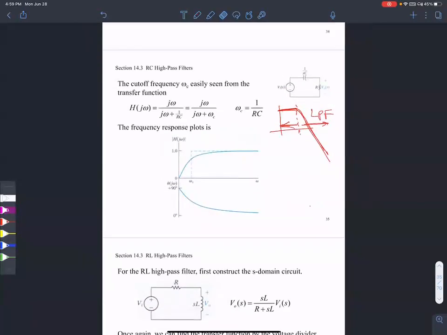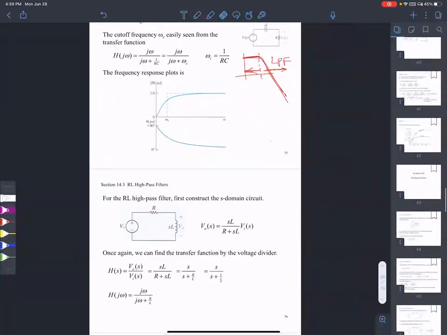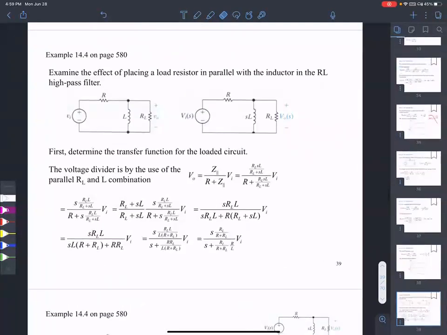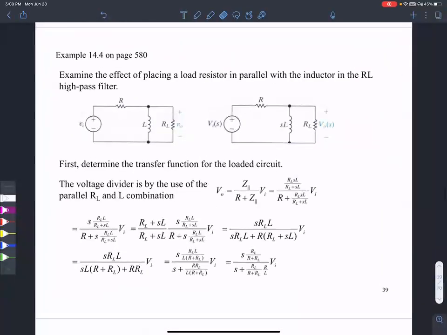Okay, let's see what else. Let's see if we should go to the idea of band pass filters and band reject filters. So there's an idea of loading, of course. How do you calculate the transfer function when there is not just a resistance and an inductor, but another resistance in parallel?